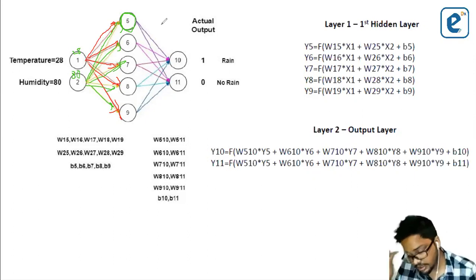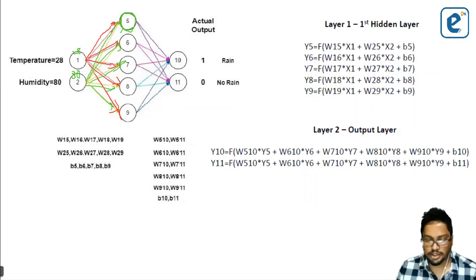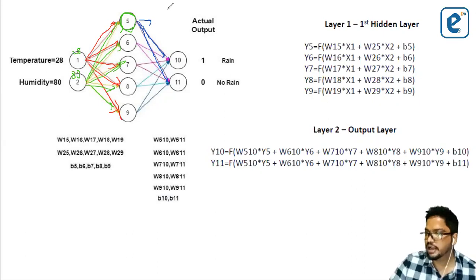You can see that there is an output from this neuron, and that output goes from here to this neuron. Let's say the output is y, and I am going to refer to it as y.